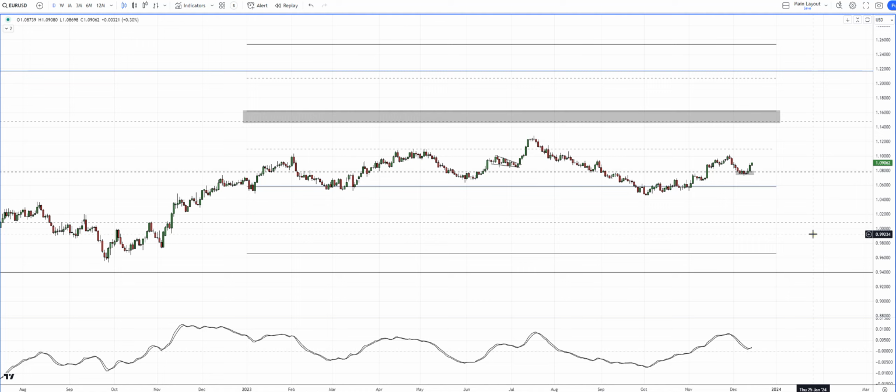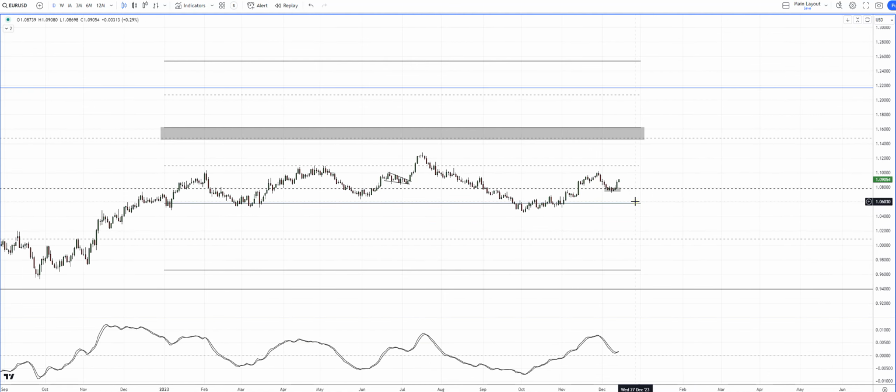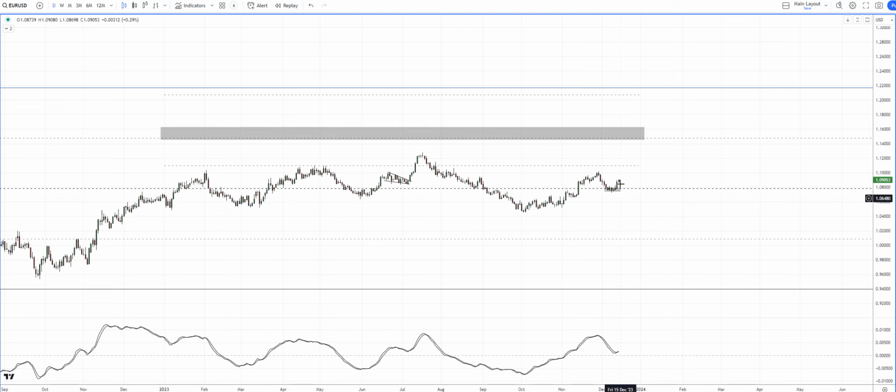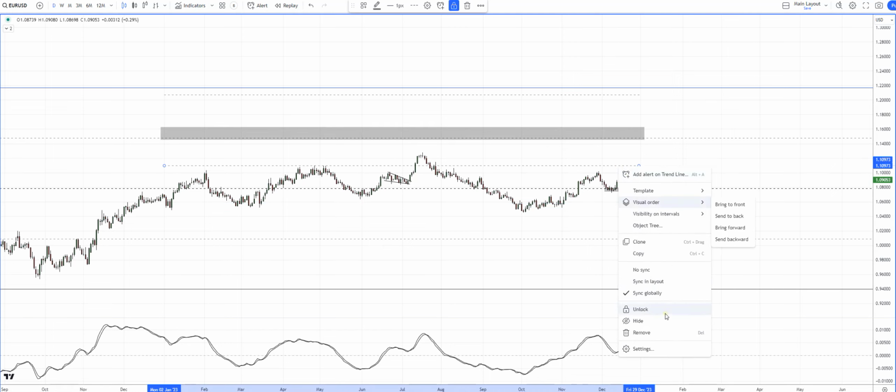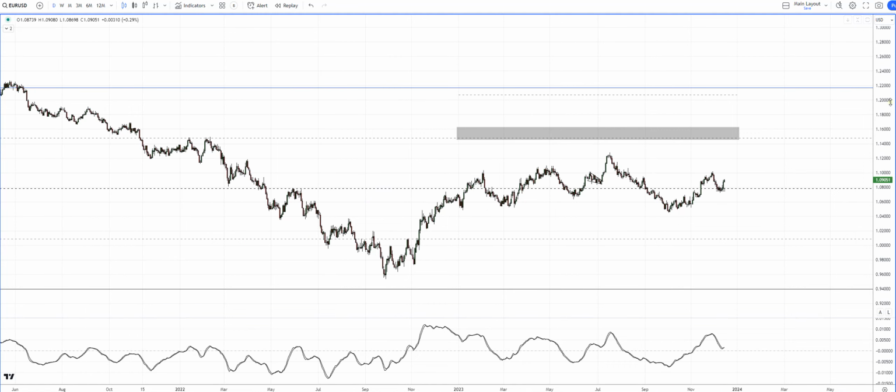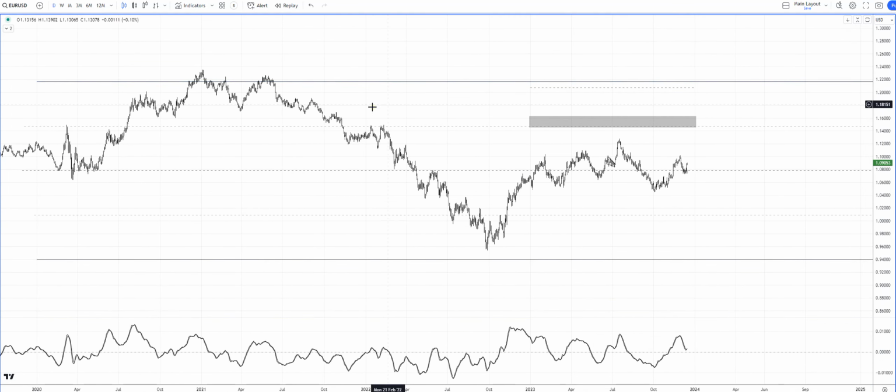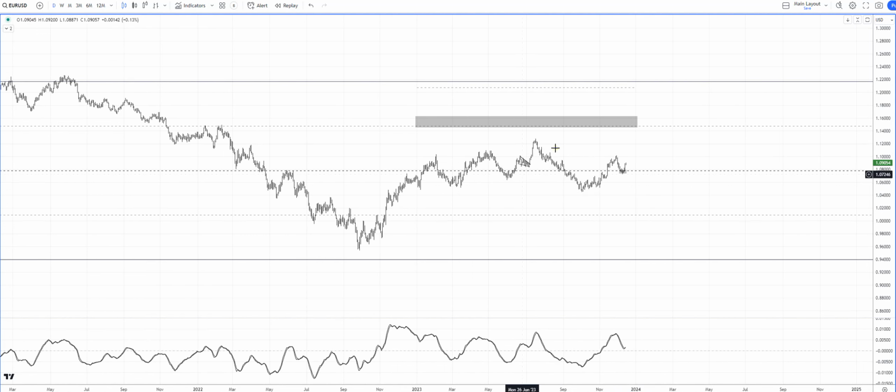Like I said, they're projected on a 10-year time frame, so those don't change for 10 years. Those stay on. And if I hide the short-term median levels, you can see that this is what it looks like, right? This is all the way going back to 2020, 2021. So you can see where the market's fluctuating.